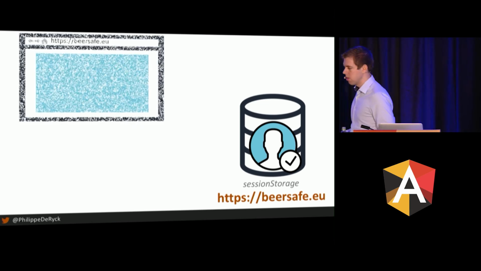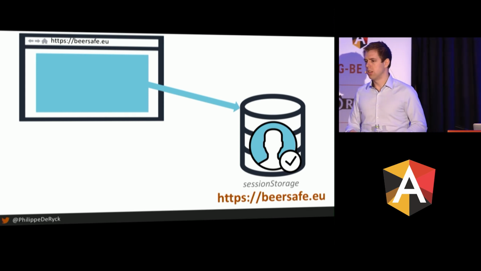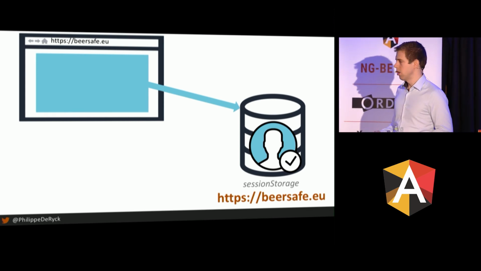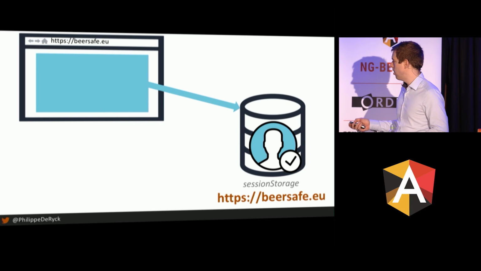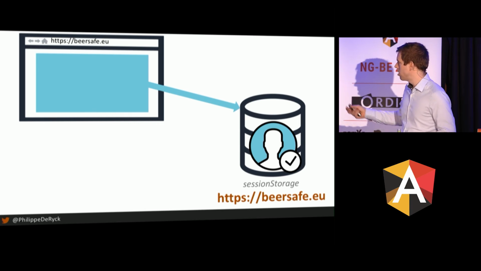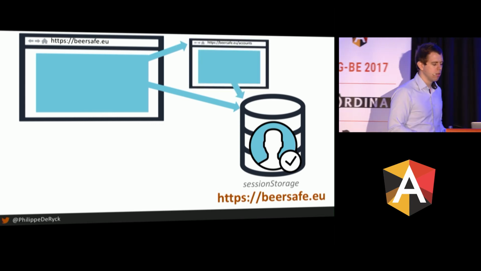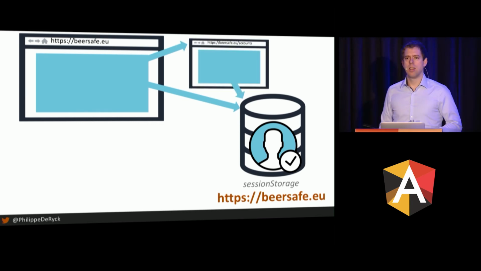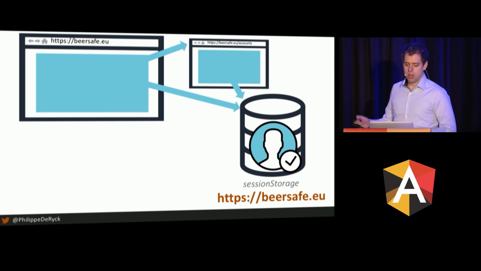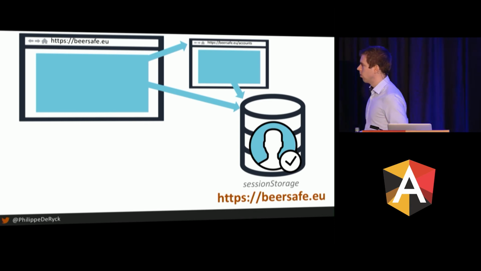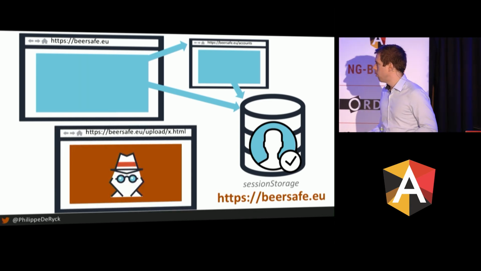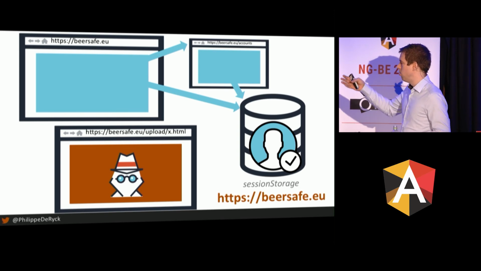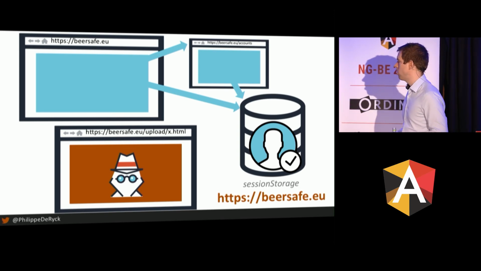There's a second option, which is called session storage, which is like the lesser-known brother of local storage. It's in the same specification, and it looks like it does the same thing. It's associated with an origin, but a session store is coupled or linked to a browsing context and its children. So essentially, it's linked to this browsing context. If that context opens a pop-up window, that pop-up window or that new tab, which is related, will also have access to the same session store.